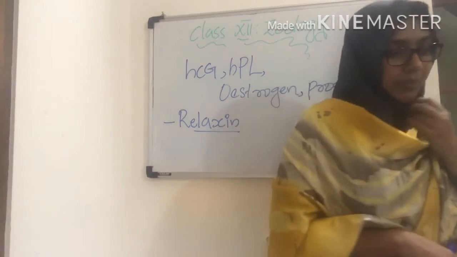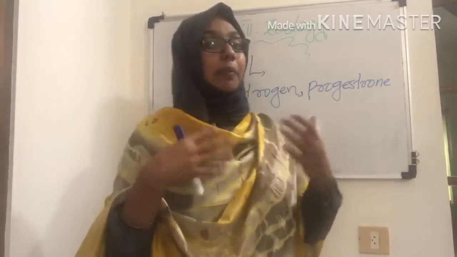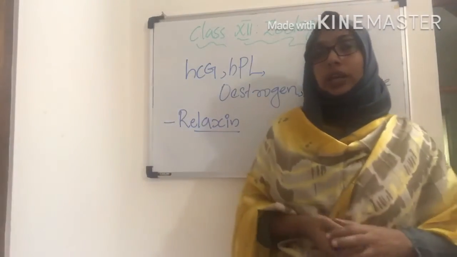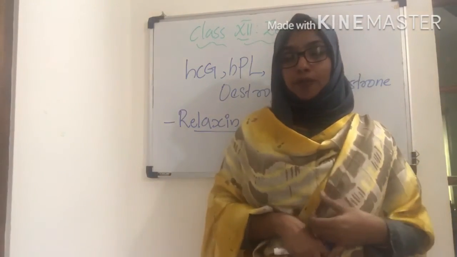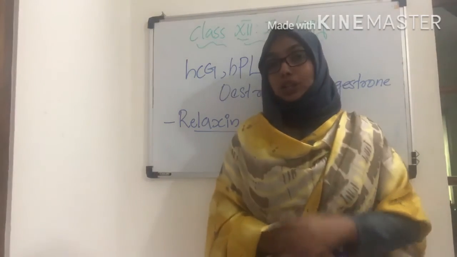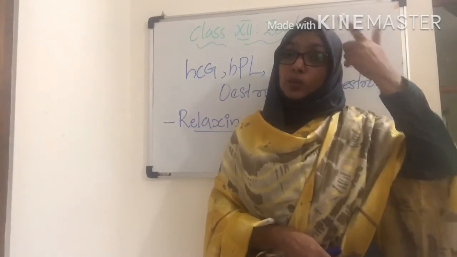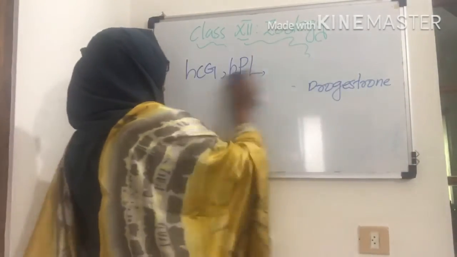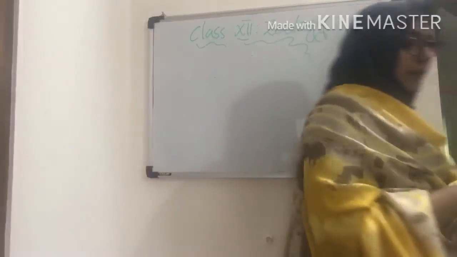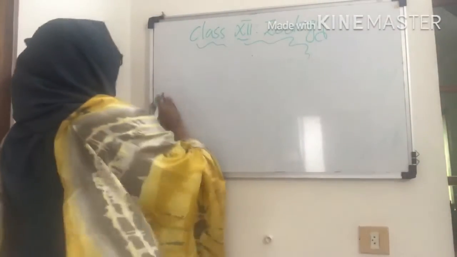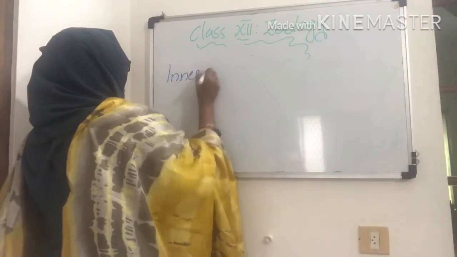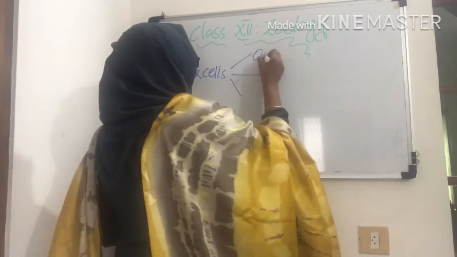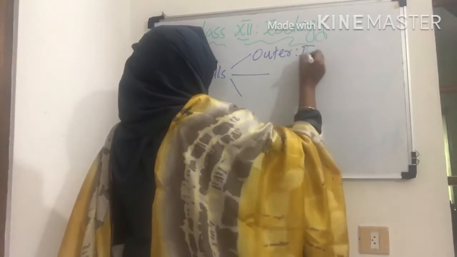Clear? Okay. So we were discussing the chorionic villi and the respective hormones secreted by the placenta. And also the trophoblast. What about the inner cell mass? Soon after the implantation, it gets differentiated into 3 layers. The outer layer is known as ectoderm.